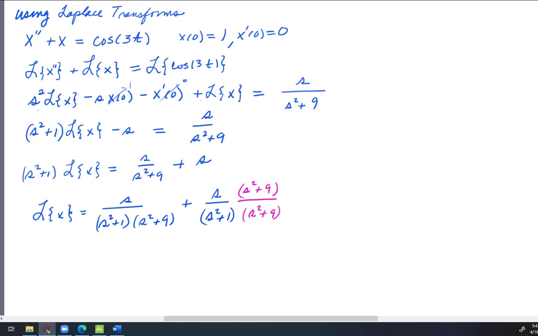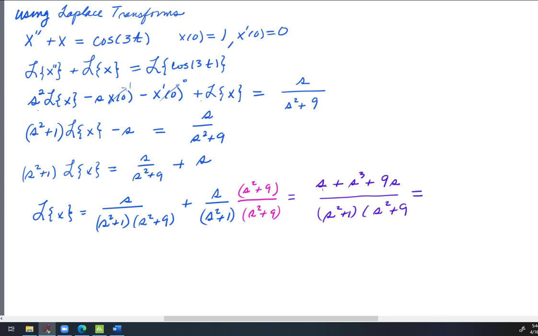Then you see that I've got a common denominator, and expressing them over the common denominator, this would be s cubed plus 9s over s squared plus 1 times s squared plus 9.